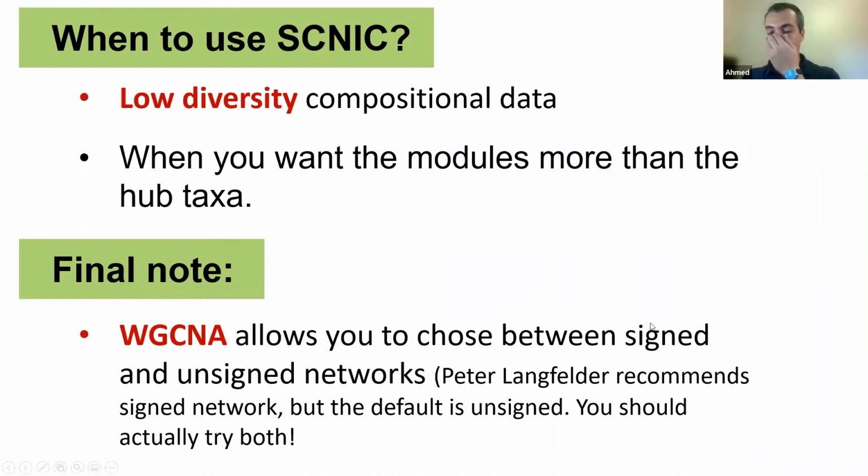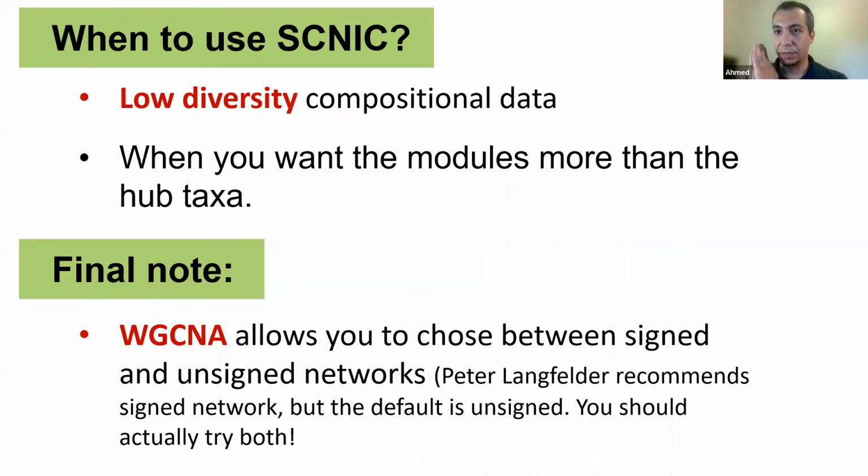One more thing that I want to share with you, and this is really important as well. There are assumptions about the modules that are built from these networks, and the example that I have here is WGCNA. Should all of the members of the same module co-vary in the same direction? Should they all be positively correlated?